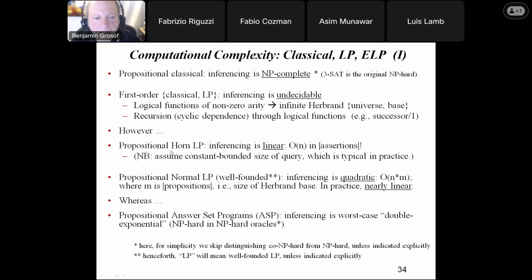However, if we restrict to the Horn case, propositional Horn LP goes all the way down from NP complete to linear in the size of the assertions. In the case of normal LP, where we take Horn and then add negation as failure, inferencing is quadratic, in practice nearly linear. So that's some pretty good news. However, if you do not stick to the well-founded semantics for negation as failure, then you don't have nearly such nice tractability.